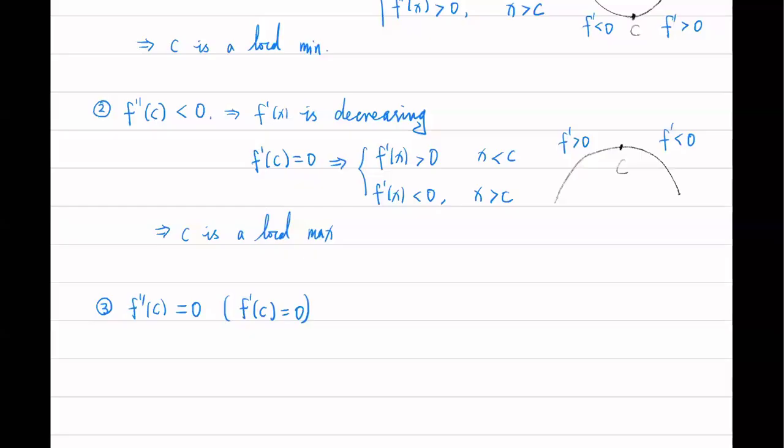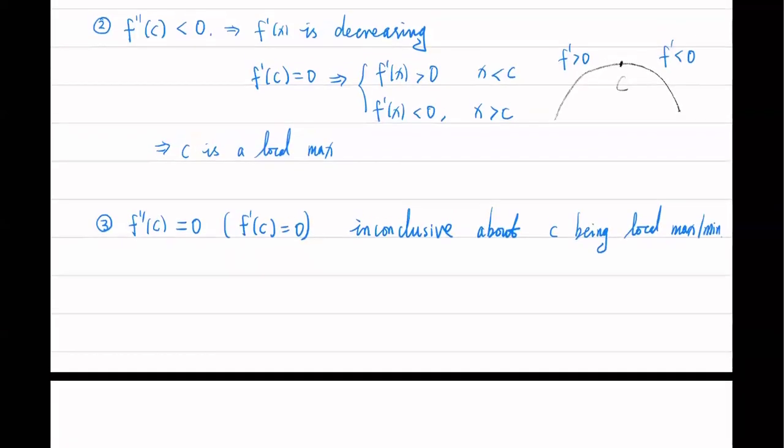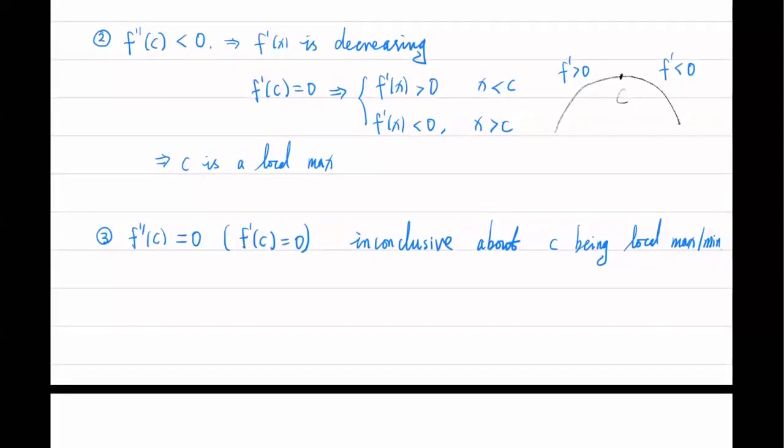The conclusion is inconclusive. Very important case, so we have to use more information.